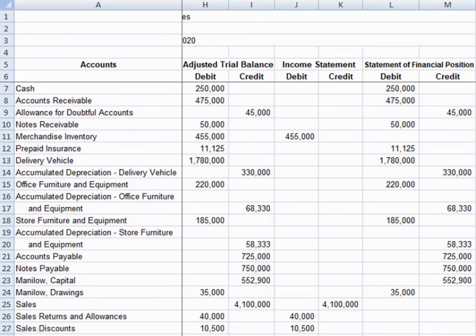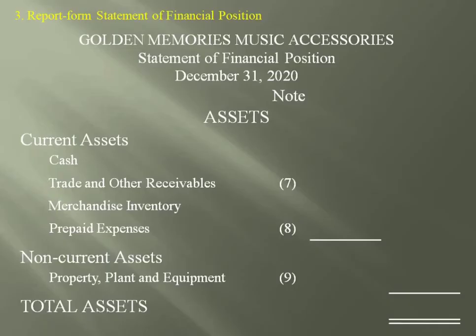Going back to the worksheet, this time let's focus on the statement of financial position columns. Cash of 250,000, which should be the first line item in the statement of financial position.